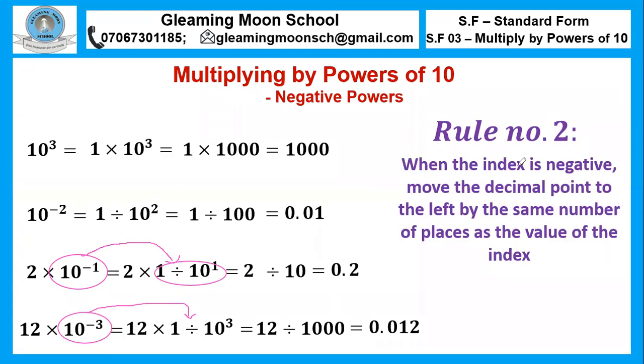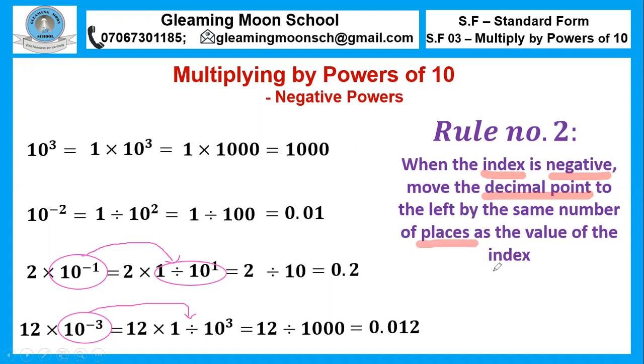So you can see it is exactly the same thing we've done with the positive powers. The keywords here again: index, negative, decimal point, and places.